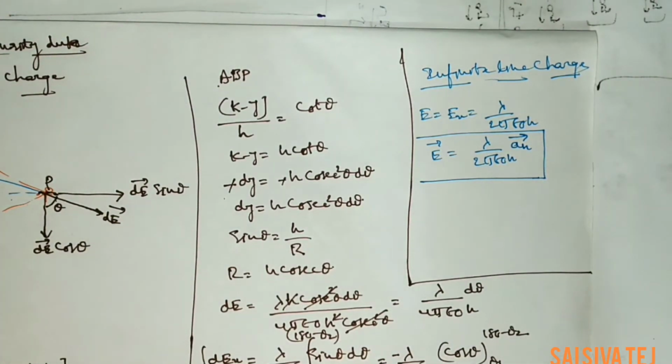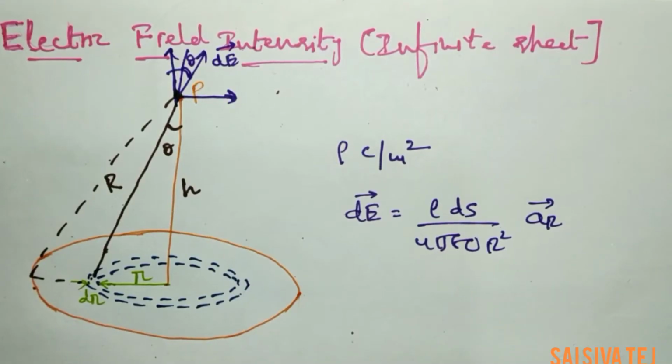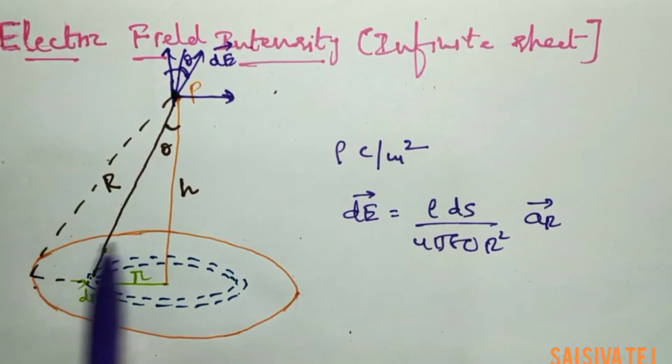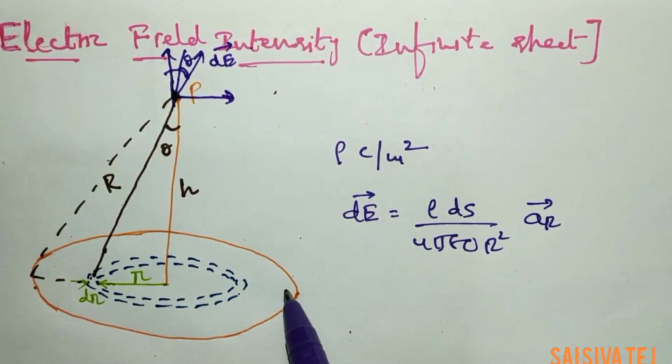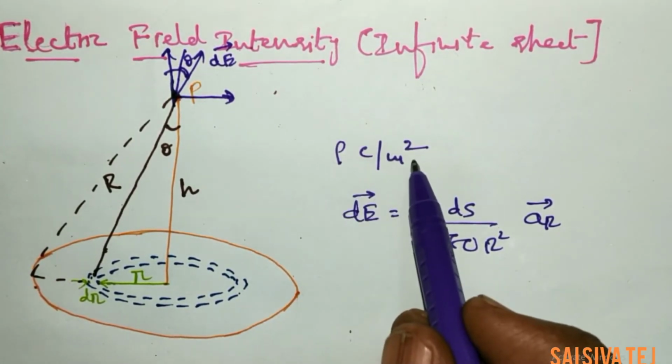Next we shall see the electric field intensity due to a sheet of charge. Now we shall find out the electric field intensity of a sheet of charge at a particular point. Here we consider this as a circular disk having a charge density of rho coulombs per square meter.